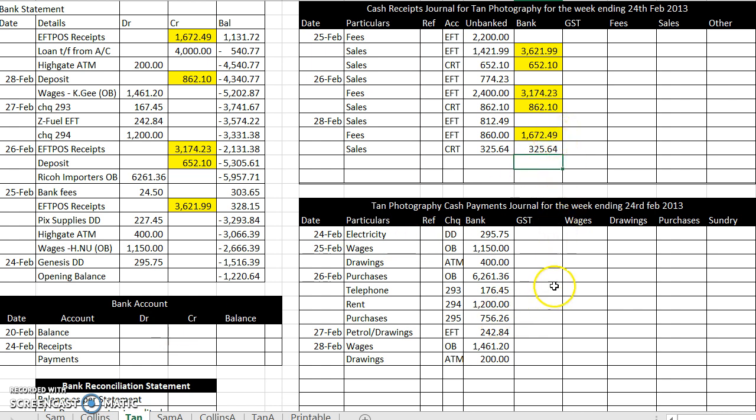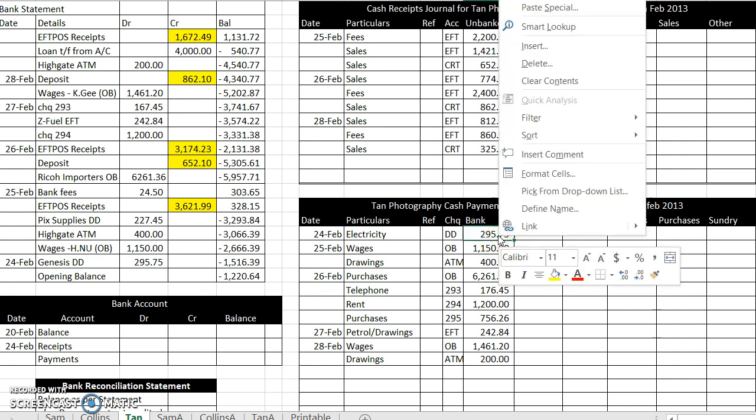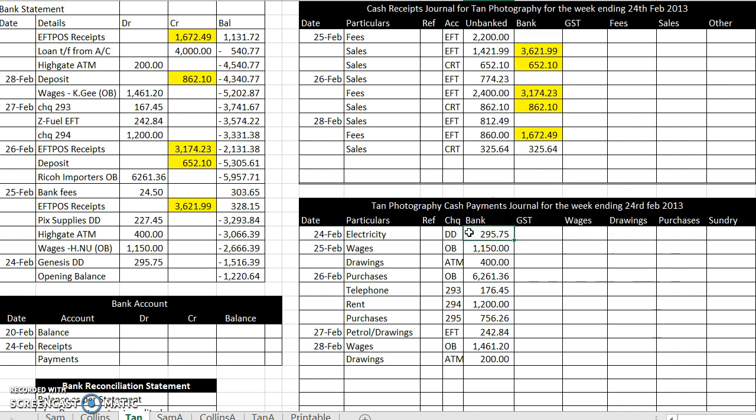Going to cash payments, again we're matching up. So we find these figures over in the bank statement. So we're going to click on it. 295.75. Hold your control key down. 1150 is in both. 400. Holding that control key down all the time. I can't see that 227, so we won't highlight that. 24. Can't see that one either. 6,000. We've got that.